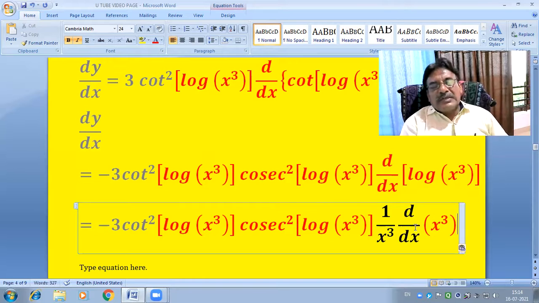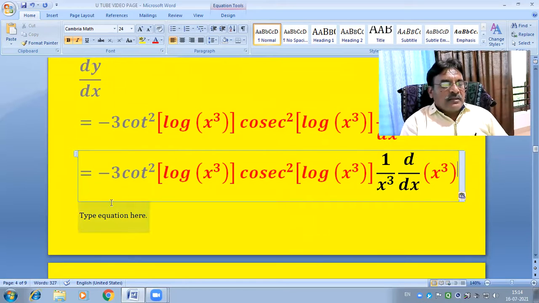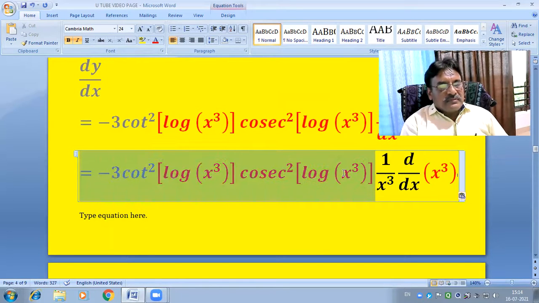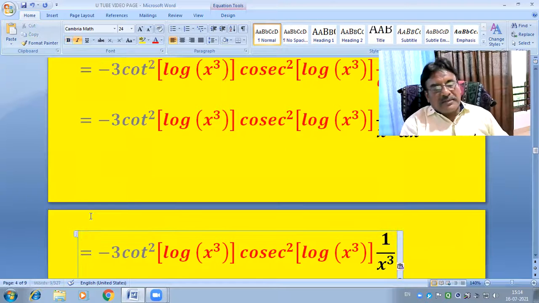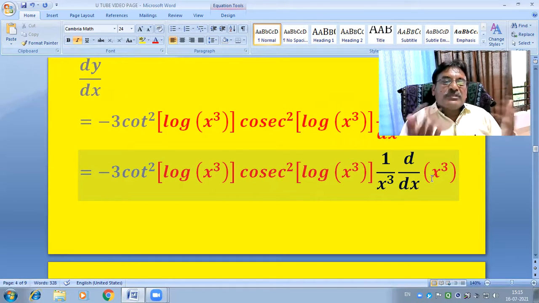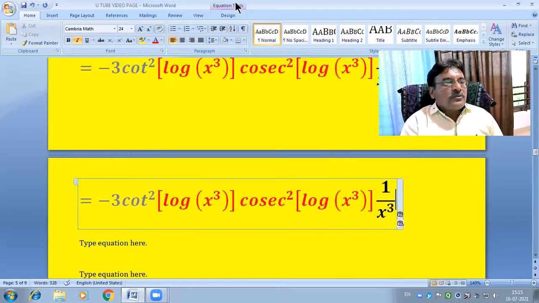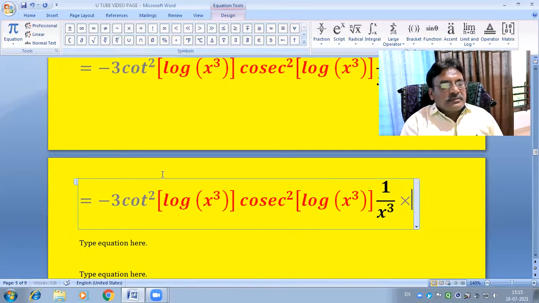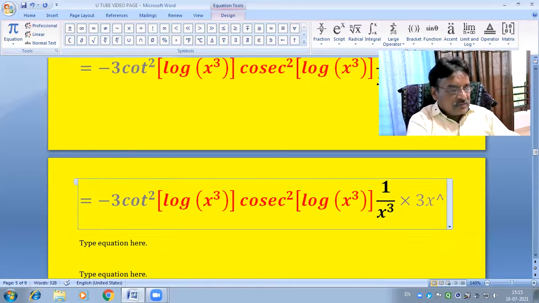Up to this step it is as it is. Next we find d/dx of x cube by using the formula d/dx of x to the power n is n x to the power n minus 1. So 3x to the power 3 minus 1, that is 3x square. So we write here into 3x square.